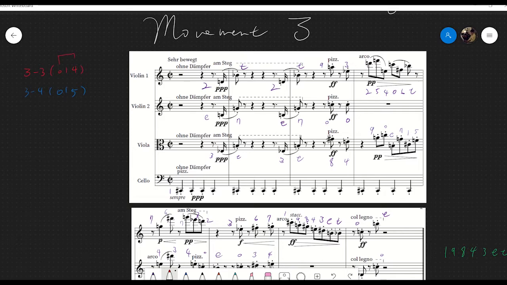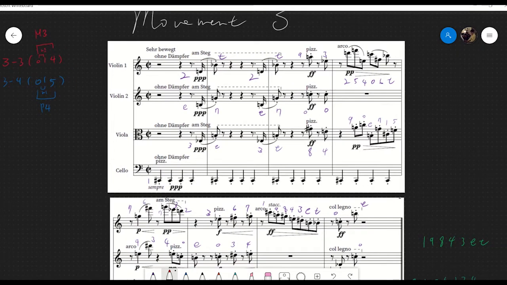For 3-3, you have a major third and then a half step, a minor second. For 3-4, you have a perfect fourth and a minor second. So you need to look for a major third or perfect fourth to quickly find where these set classes occur.